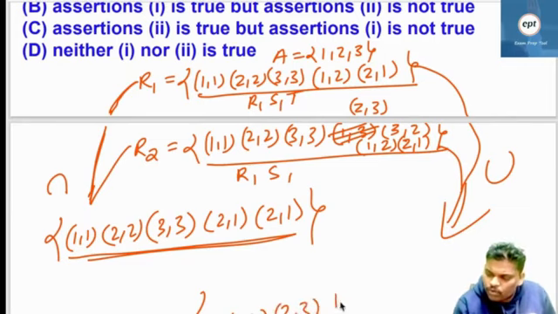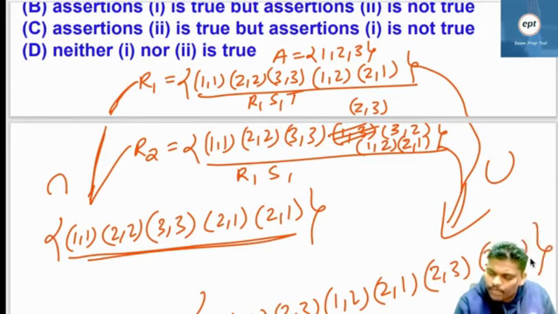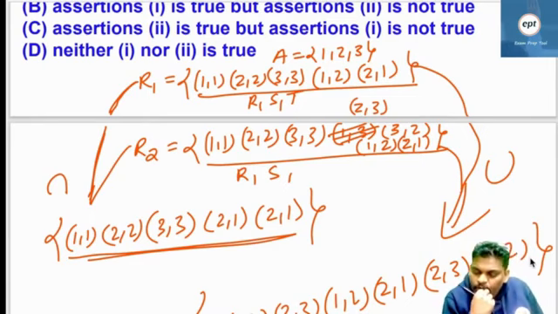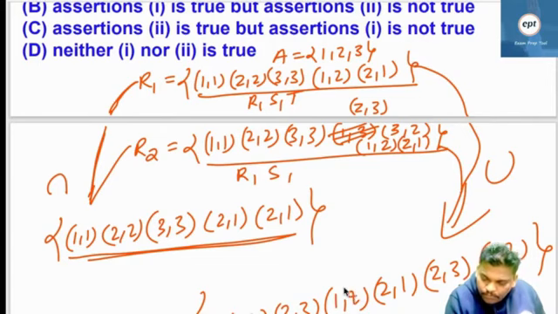Next one. 1, 2, 2, 1 also will come. 2, 3 will come, 3, 2 also will come. All pairs will come. But see the problem. Everyone listen. 1, 2, 2, 1.